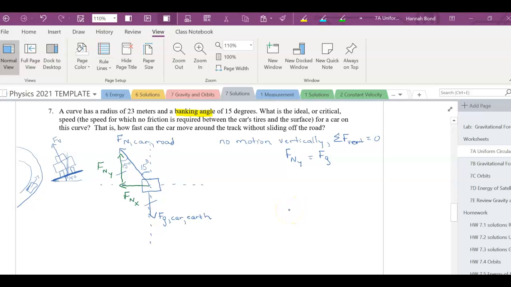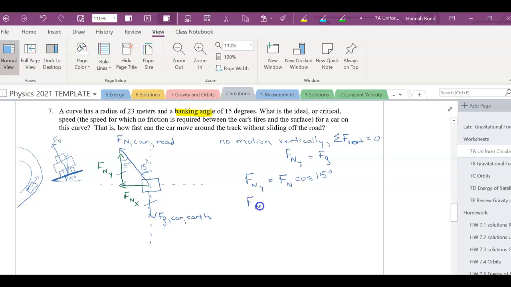I don't have anything balancing the x component of that normal force. And so I know that F_ny would be the normal force times the cosine of that 15 degree angle because it's adjacent to the 15 degree angle.